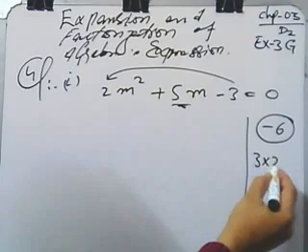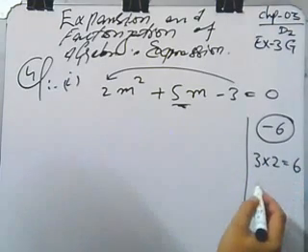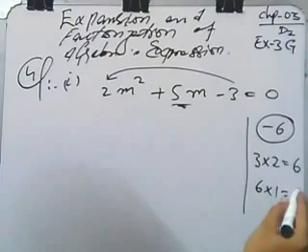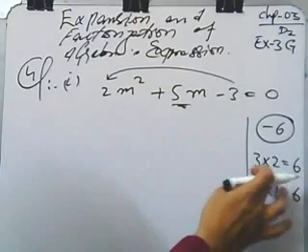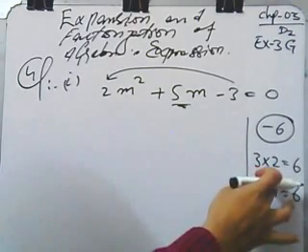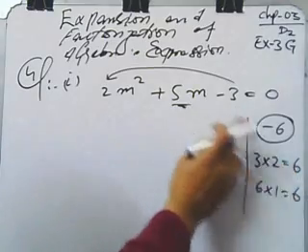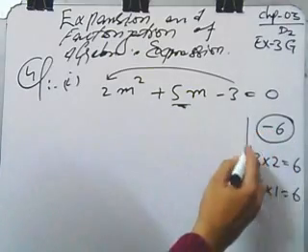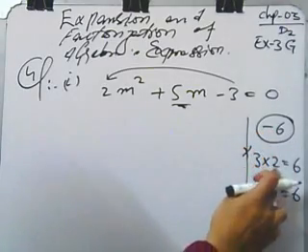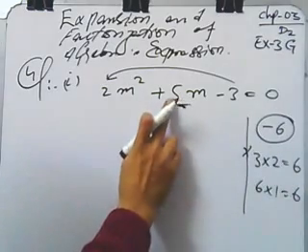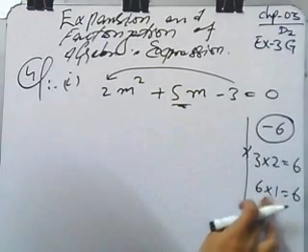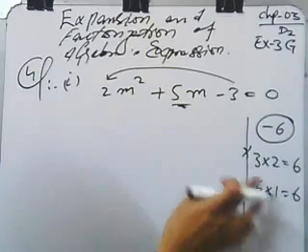For example, 3 times 2 is 6 and 6 times 1 is 6. If I take 3 and 2, because here it is minus 6, we cannot take this, because 3 minus 2 becomes 1, but we need 5. So 6 times 1 is 6. If we take minus common, you will get plus 5.